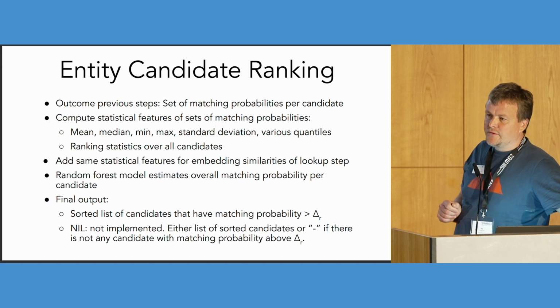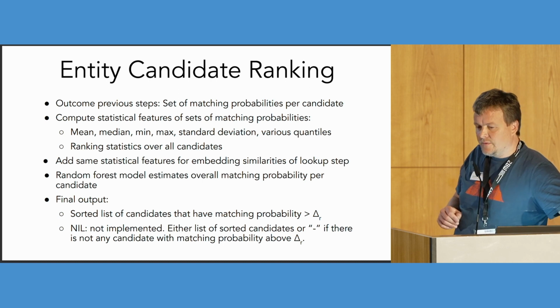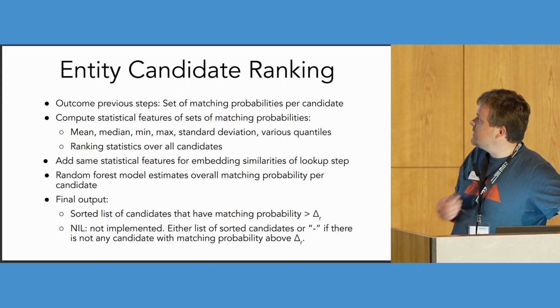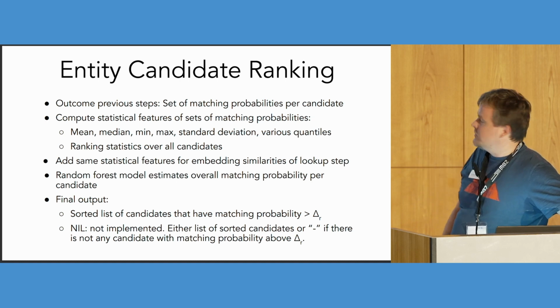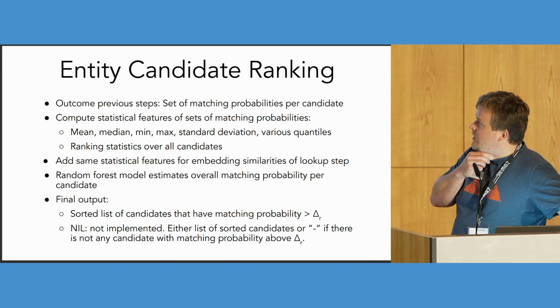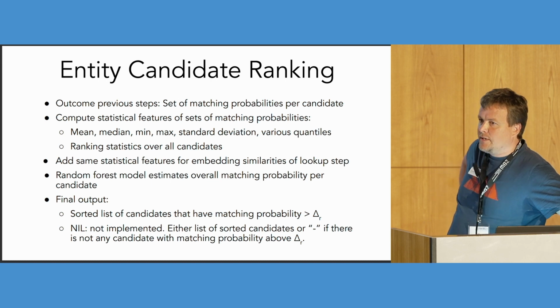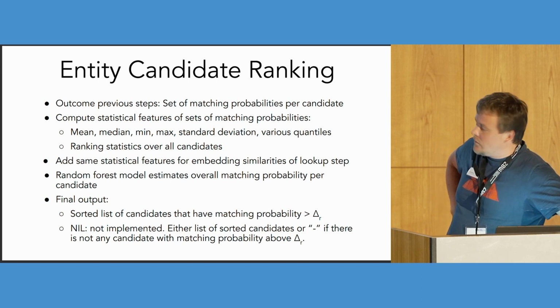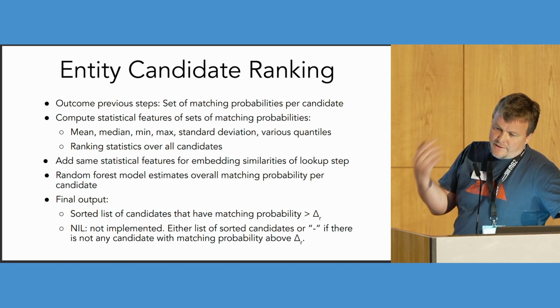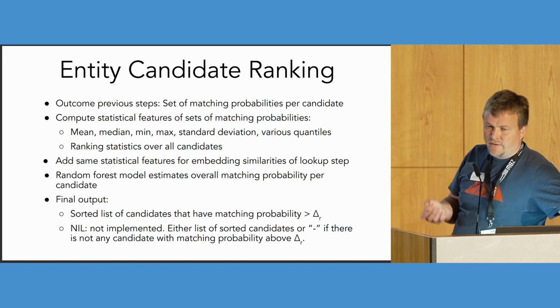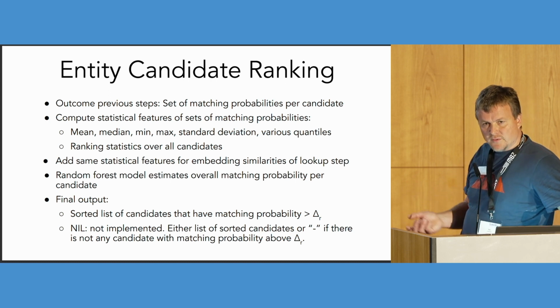And we compute a number of statistical features from these probability lists, like mean, median, min, max, and various quantiles. And we also consider the ranking statistics over all candidates. And finally, we end up with a feature vector that is fed into a random forest model.